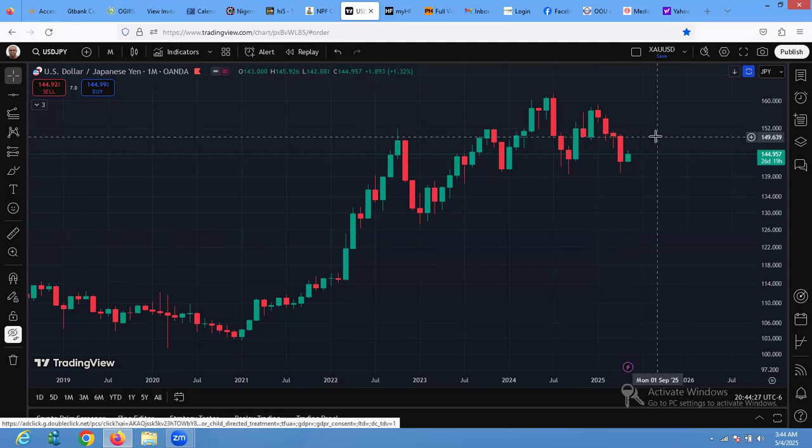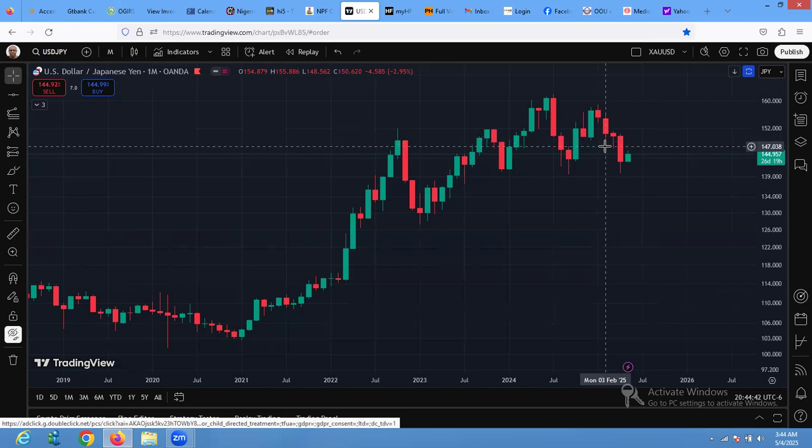But for me, I will be looking at the tip of this candle as well as here around this area as a potential area for price to decline again, between 150 and 146.700.